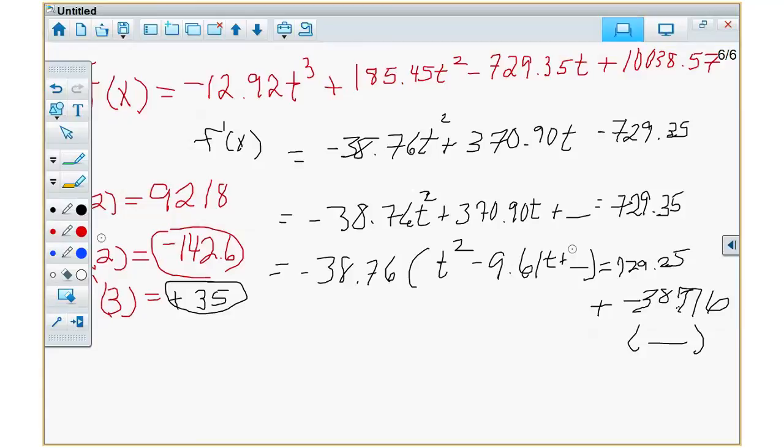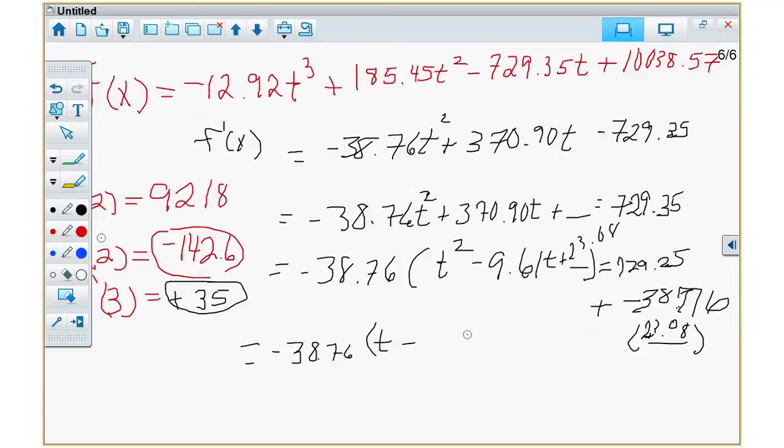What does it come out to be? 23.08. So that's going to be negative 38.76 times T minus, what's 23.08?